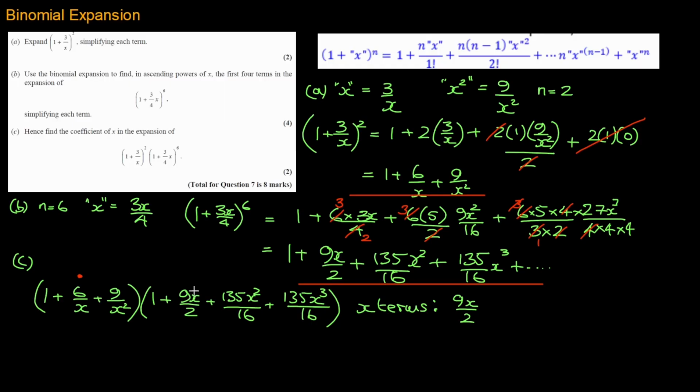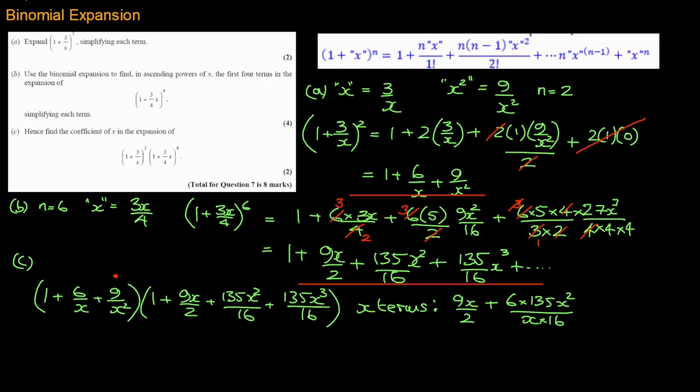Yes, this does give an x term. Again, I'm not going to be clever about trying to multiply this all out in my head. I'm just going to write it as 6 times 135 x squared over x times 16. And as you can see, that's going to generate an x coefficient.